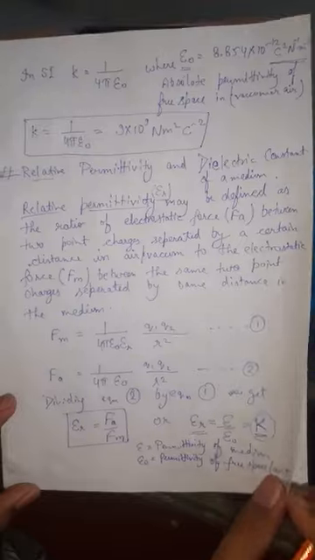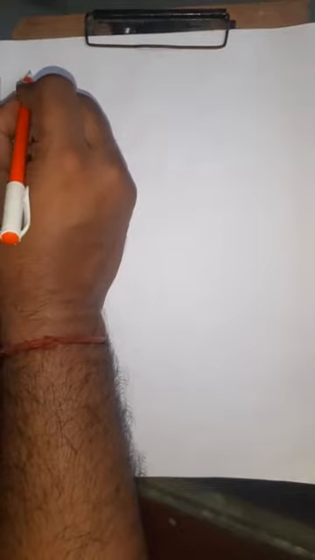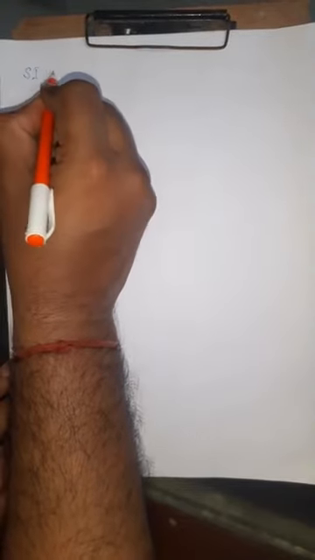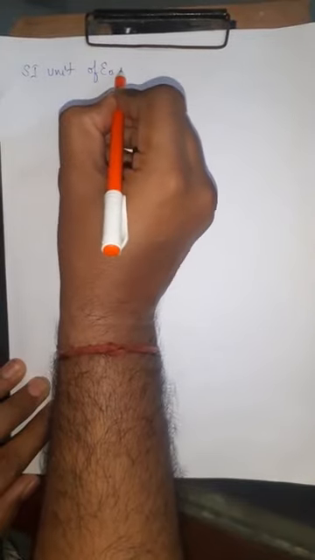Now we will find the SI units of epsilon naught, and then we will find the dimensions of this epsilon naught, that is permittivity of free space. So first we will find the SI unit of epsilon naught.